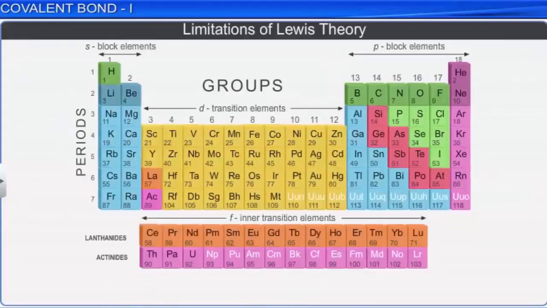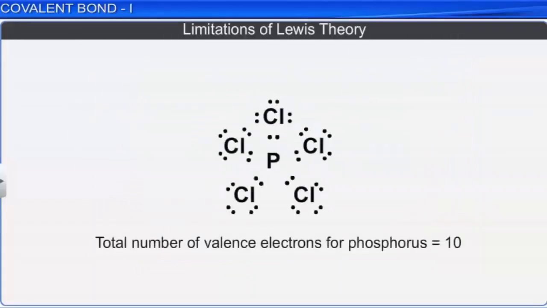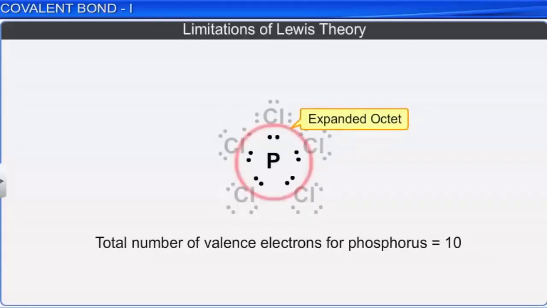The atoms of the elements that belong to the third period and beyond the third period possess 3d orbitals available for bonding. Hence, most of the compounds formed from them possess more than 8 electrons around their central atoms. This is called expanded octet.